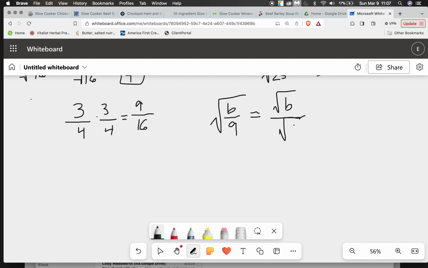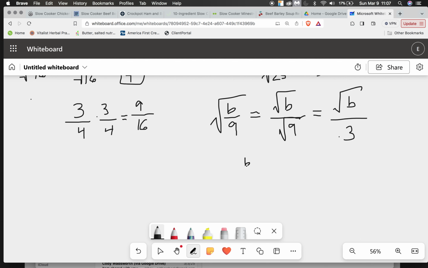And if we do that, we can take the square root of 9. So the top stays the same, the square root of b, but the square root of 9 is 3. So we could write this problem as the square root of b divided by 3, which I think is probably easier to handle and easier to plug a variable into.